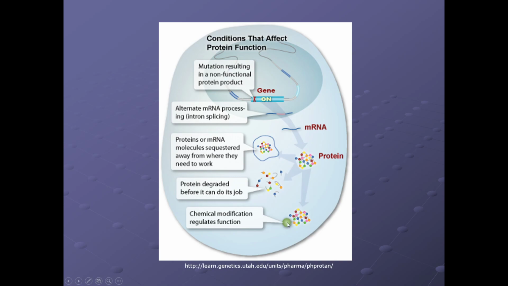So that level of modification may have a huge impact on the activity of the protein. So just knowing the quantity is not enough. You need to know what kind of state that protein is in. And obviously mRNA analysis by itself, as well as knowing the total levels of the protein, doesn't give you that information.